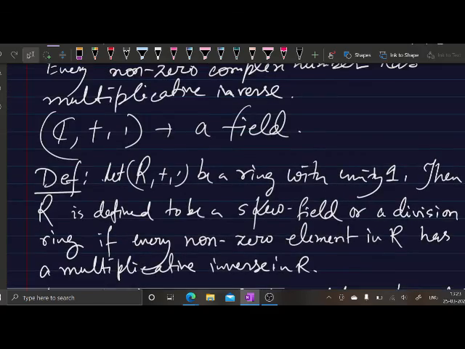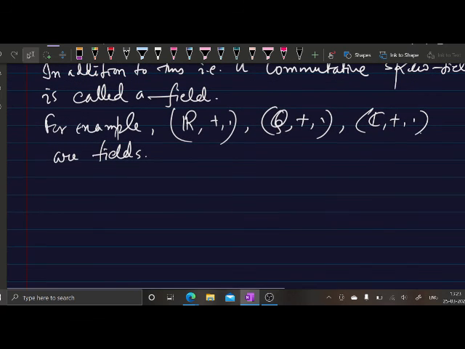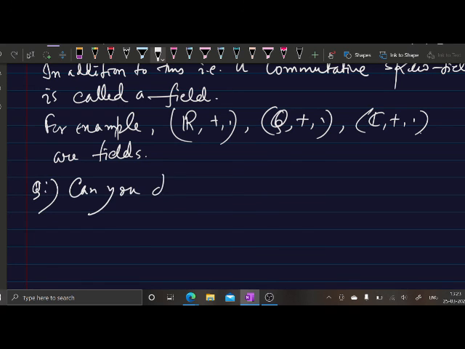Now let us ask a question here. Can you define a non-commutative skew field?